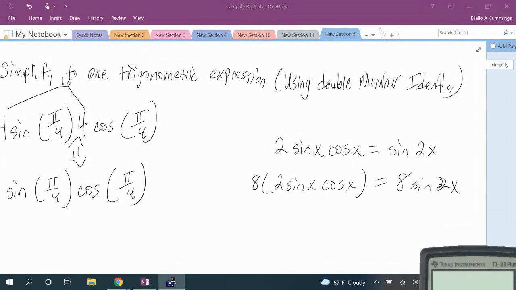So now if I simplify on the left-hand side, 8 times 2 is 16. So I have 16 sine x times the cosine of x.